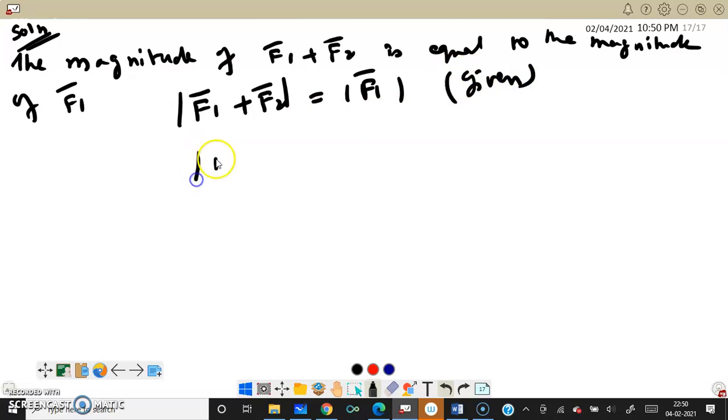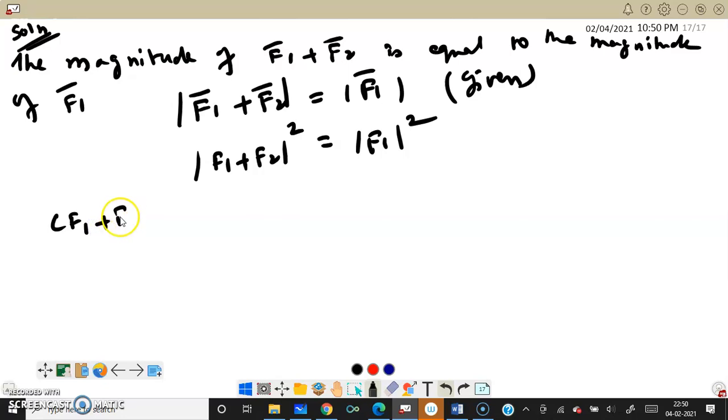And F1 plus F2 the whole square will be F1 the whole square. Modulus of F1 plus F2 squared is nothing but F1 plus F2 dot F1 plus F2, which is equal to F1 dot F1.